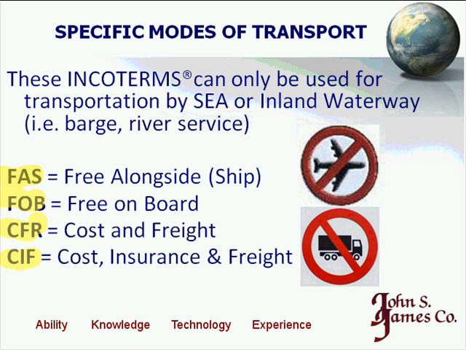Say you wanted to ship cost and freight from your door in Cherry Hill, New Jersey to Antwerp, Belgium. Cost and freight. You would be paying for the goods from your door all the way to the port of Antwerp, Belgium. And passage of risk would occur once it got to the port in Antwerp.